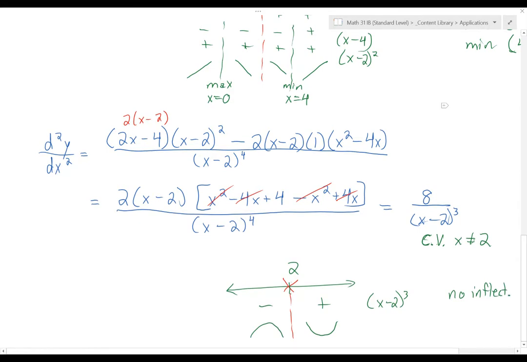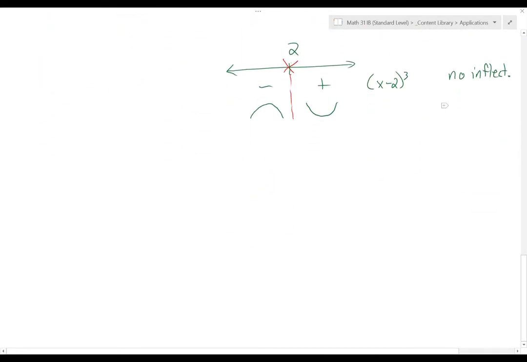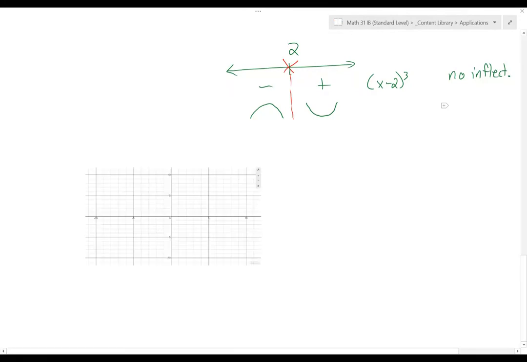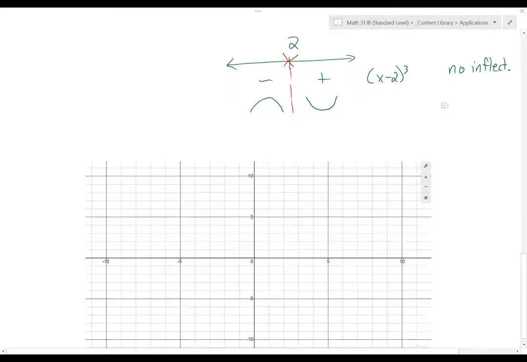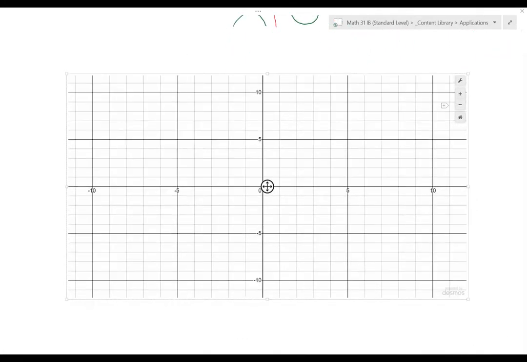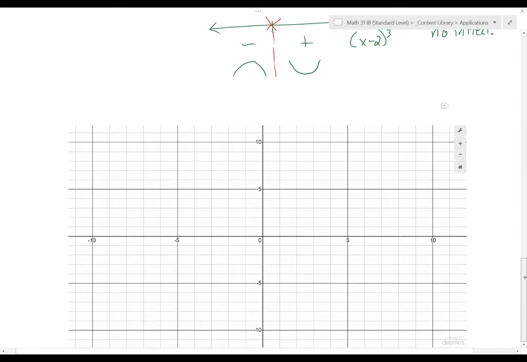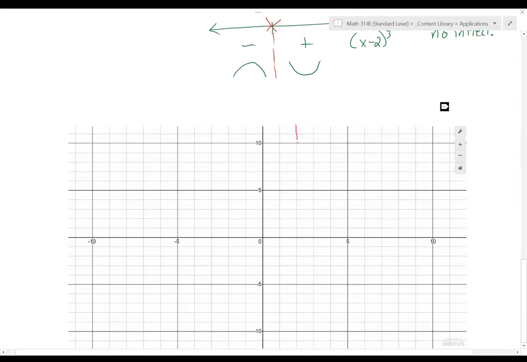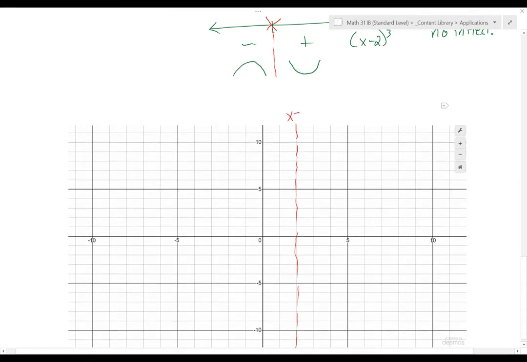So with that, we can start actually putting together the graph. So let me get my grid in here, make that a little bit bigger. All right, so I'm going to get my asymptotes on here. I know that there is a vertical asymptote at x equals 2. So I'm going to put that on here and I am going to label it.